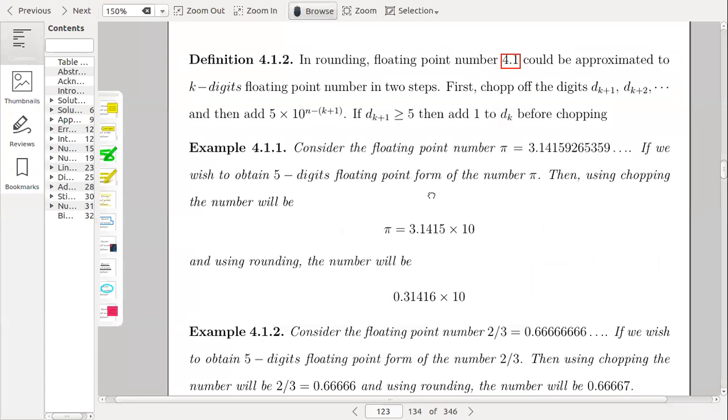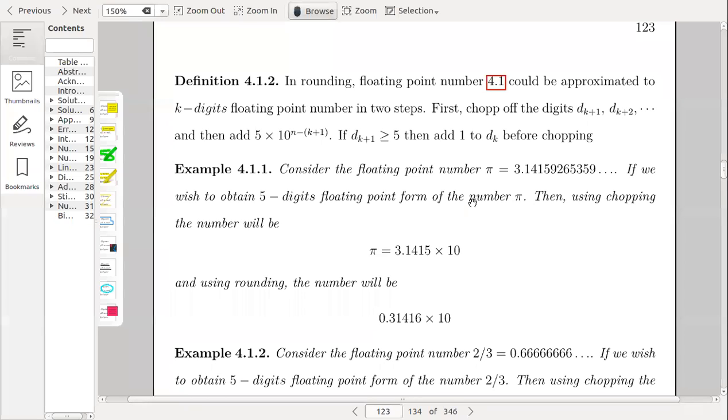So the example is: consider the floating point number pi is equal to 3.1415926535, and so on.